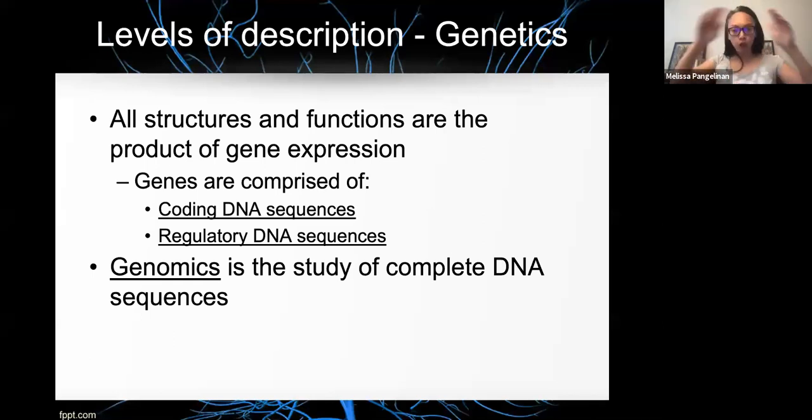So the term genomics, and neurogenomics, is really the study of the entire DNA sequence, both the coding and the regulatory components, and how they affect the ultimate expression in terms of structure and function.